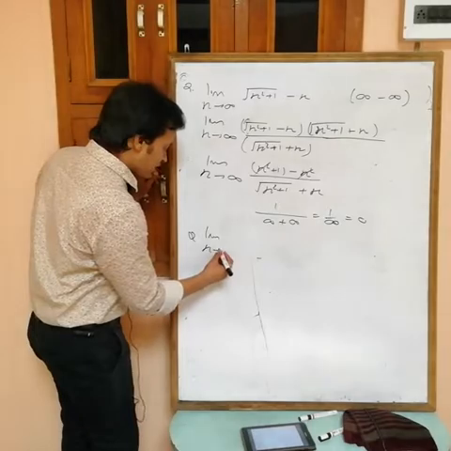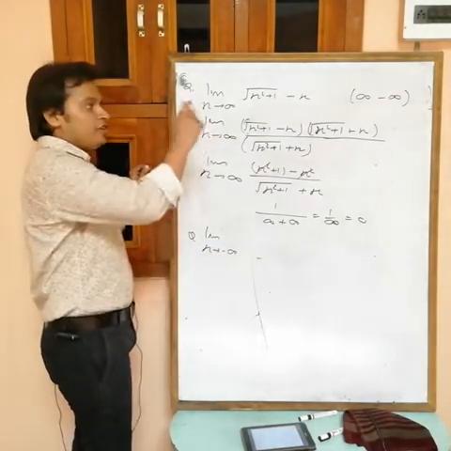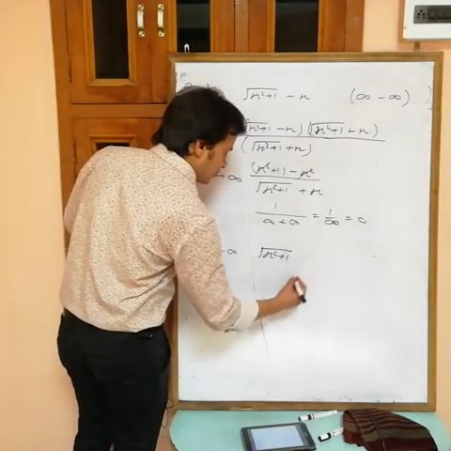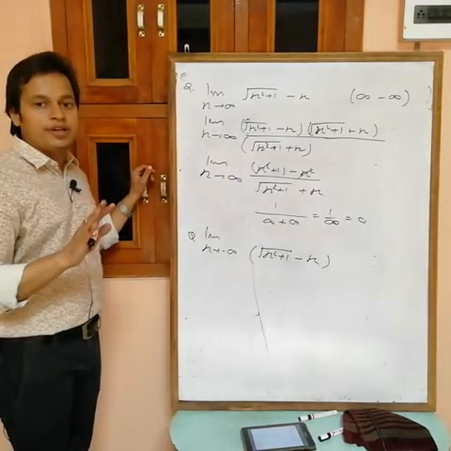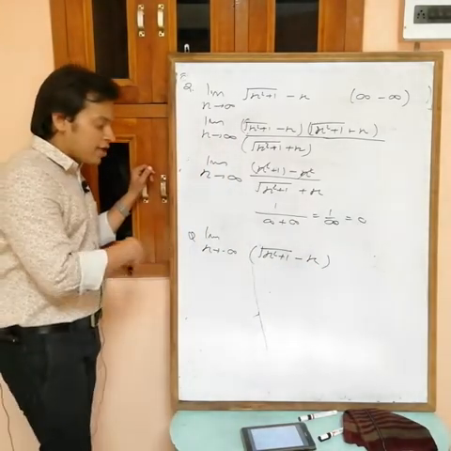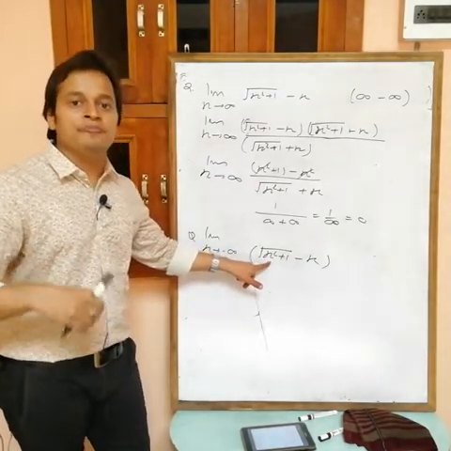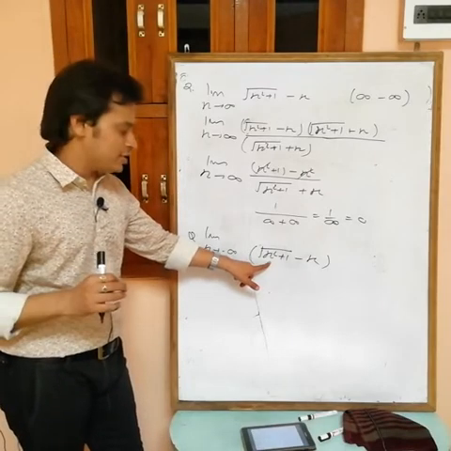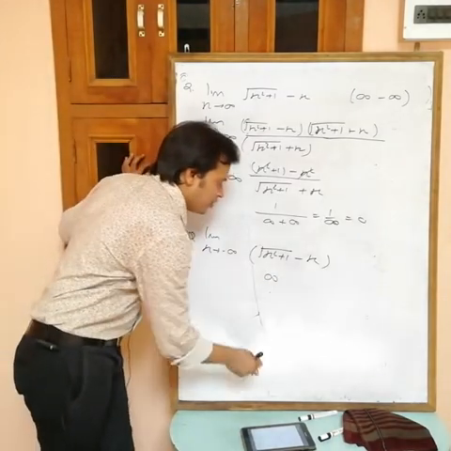at the place of x tending to infinity, if I take x tending to minus infinity for this question, root over x square plus 1 minus x. Now this is not an indeterminate form, because if you put x equals to minus infinity, square of minus infinity is infinity, because of the square the minus becomes plus, plus 1, plus infinity, root over infinity is infinity.